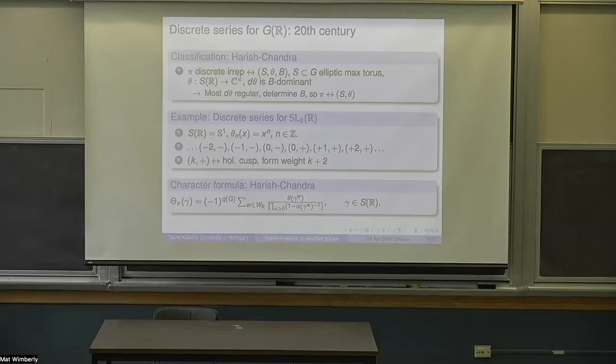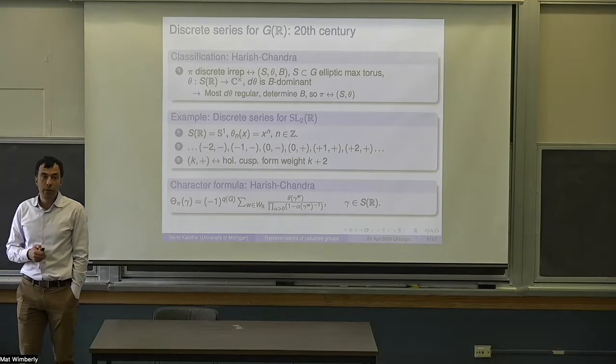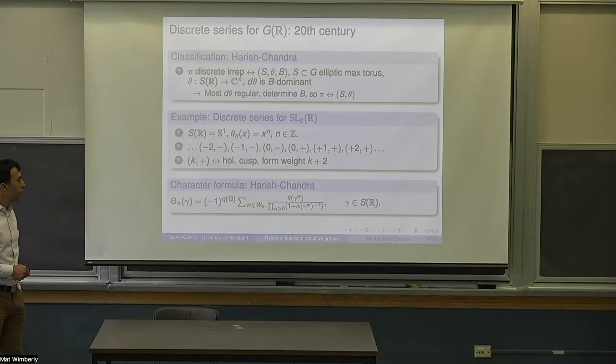And you take the character, which classifies the representation, and you put the element where you're identifying this trace function at the various Weyl translates of this element, and then there's some denominator. So if you're familiar with the Weyl character formula from the theory of algebraic groups, you'll notice that this formula is very, very similar to that, except that here you're taking only the real part of the Weyl group.